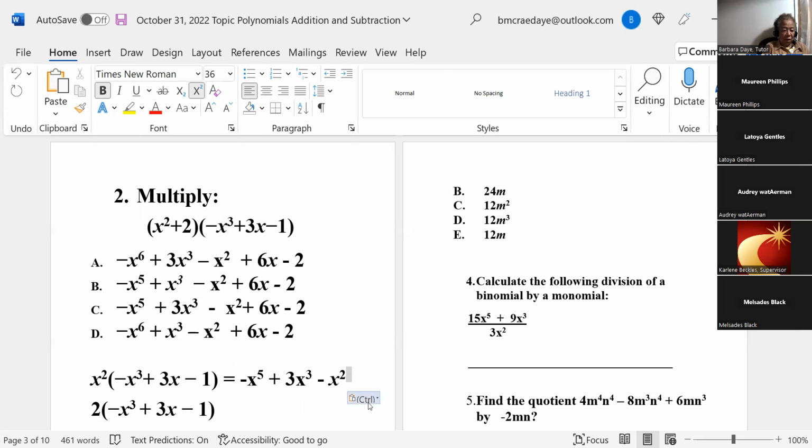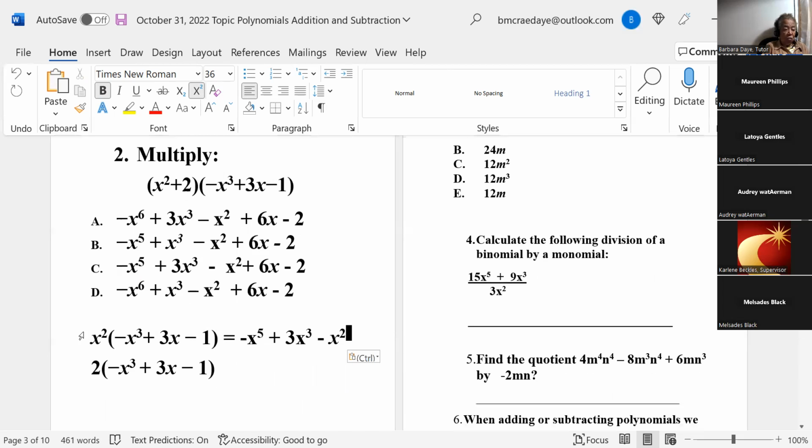It's okay. Did you say minus? I said minus x to the second. Okay, I'm sorry. I didn't hear you. So my mistake. Okay. So now you've multiplied x to the second by this whole polynomial. And you got minus x to the fifth plus 3x to the third minus x to the second, right?